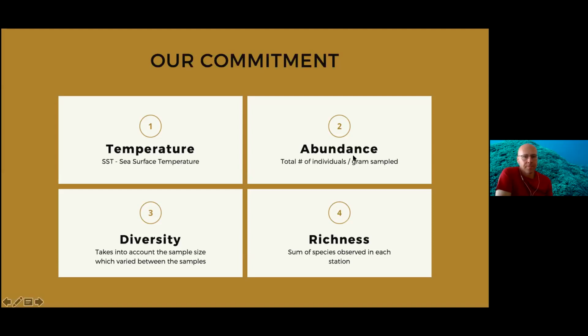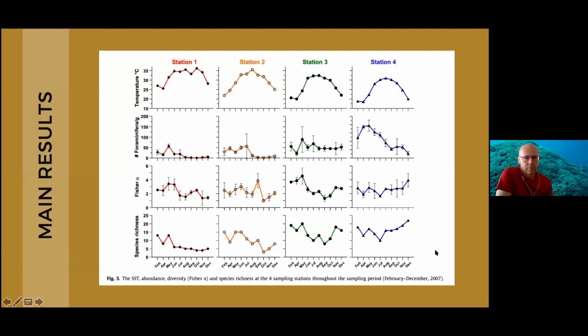Abundance was evaluated by the total number of individuals per gram sampled. Diversity took into account the sample size, which varied between the samples, especially in station number 1, where the sample sizes were smaller. We will look into that right now. And the richness, which is the sum of the species observed in each station.